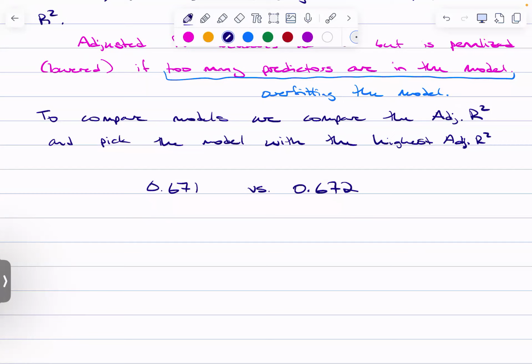I don't think that there's an effective difference between these two, right? And so then you want to start to think about, okay, I'm not going to pick this one if it incorporates something that's kind of expensive to measure, whereas this one is able to build this performance of a model without that expensive variable.